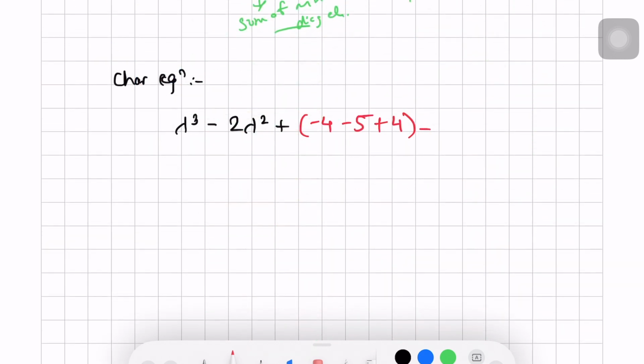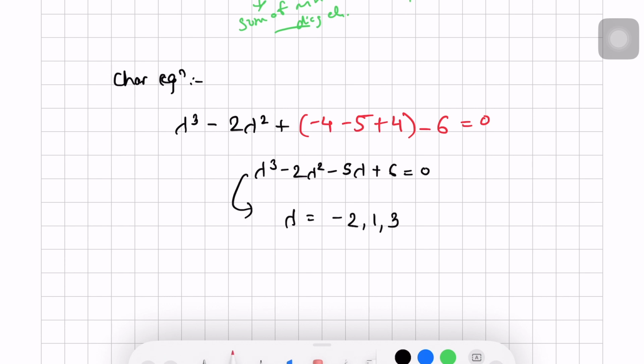So the determinant of the matrix we get is 6, which is equal to 0. So simplifying this equation, we will get lambda cube minus 2 lambda square minus 5 lambda plus 6 equal to 0. So you can solve this equation in Calc and you can get the values of lambda as minus 2, 1, 3. So these are your eigenvalues.